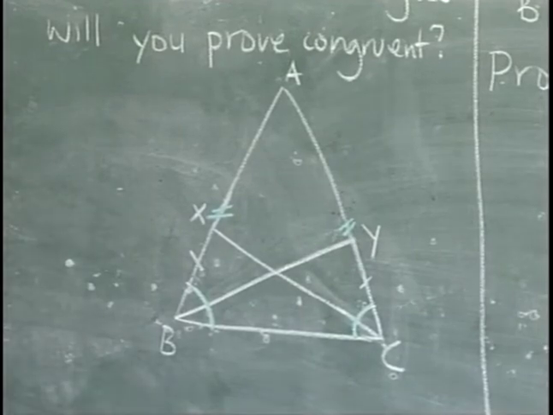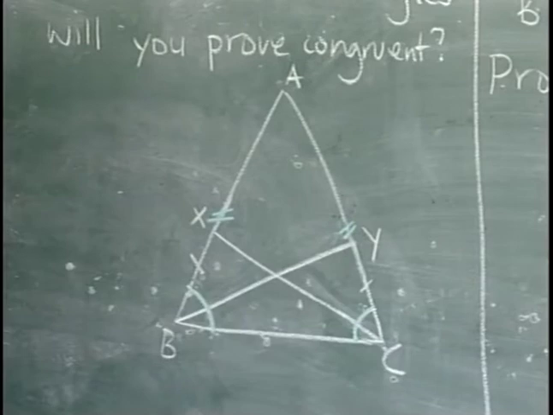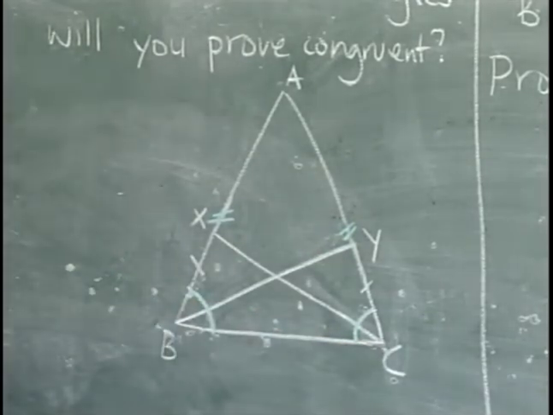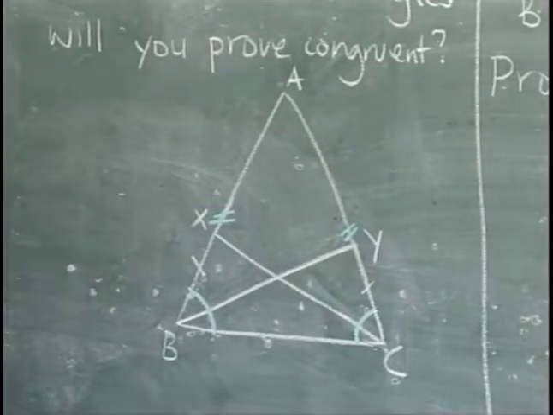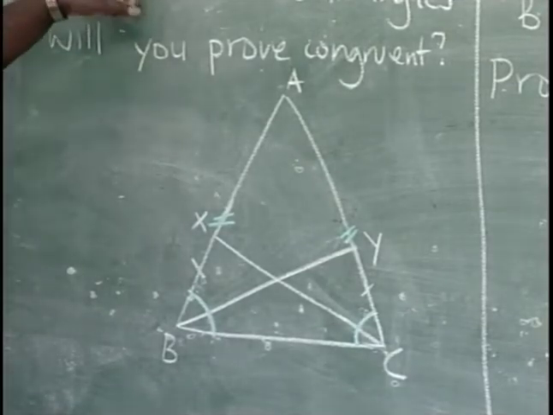He said that triangle BXC is congruent to triangle YCB. Let me just draw those two triangles separately so we can see that they are really equal. You have to prove that CX is equal to BY.